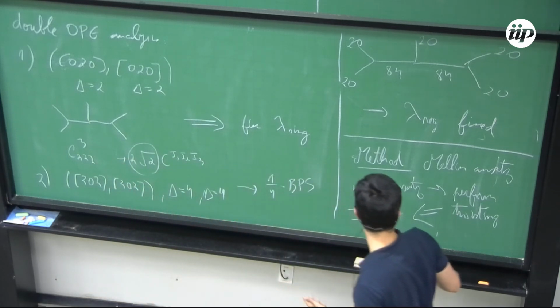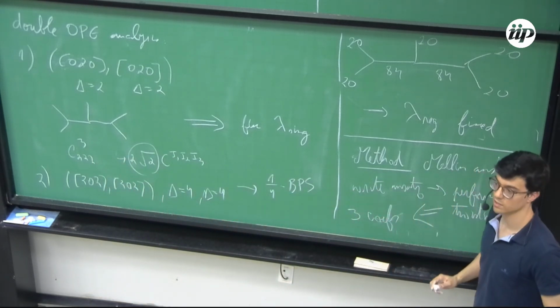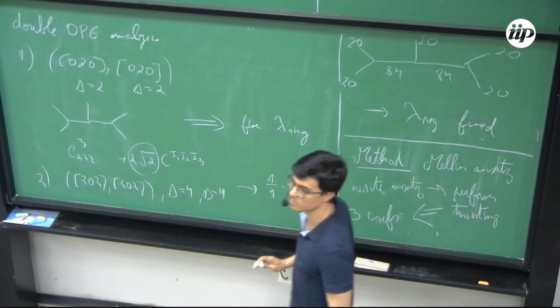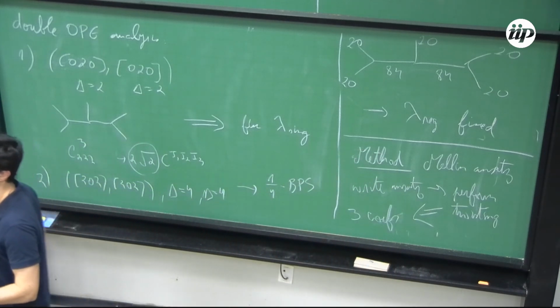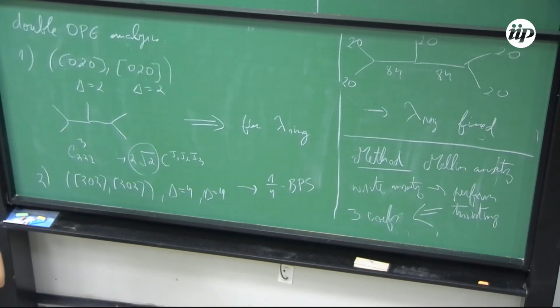So this method was also very efficient. We didn't even have to do OPE analysis to fix it. It was really enough to suppose that there's no 84 field in the exchange diagrams.